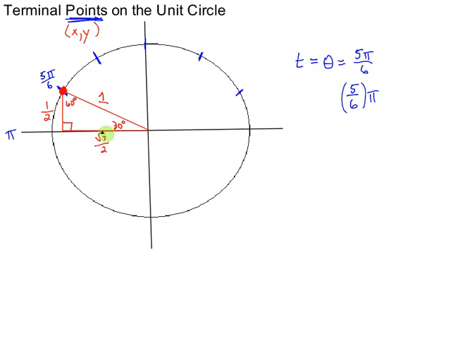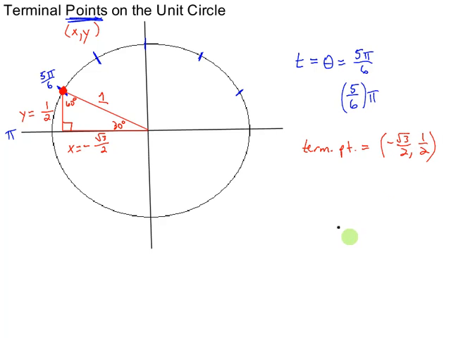So this is the same thing as your x, and this is the same thing as your y, except that the x coordinate in the second quadrant over here is negative. So this x is negative, and your y is up, so it is positive. So the terminal point for this t value, or this theta value, is negative square root of 3 over 2, comma, 1/2.